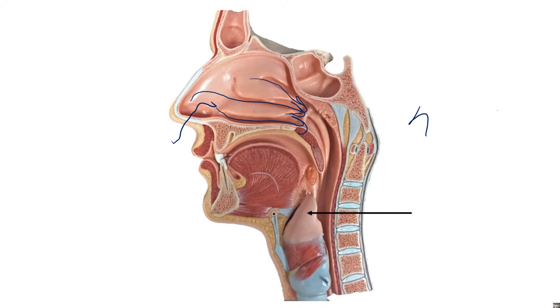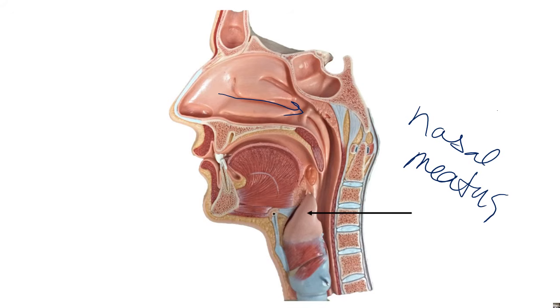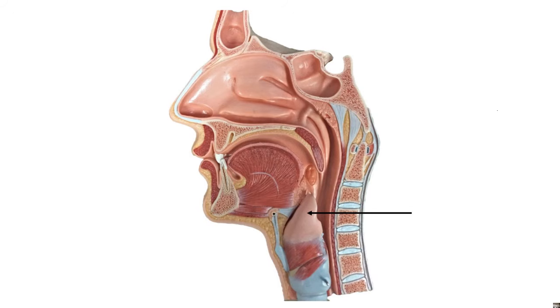Those are the meatuses. The actual bony shelf is the concha. The passageway is the nasal meatus. Again, there's the superior nasal meatus, middle nasal meatus, and inferior nasal meatus. It'll be clear on the exam. I'll make it clear whether I'm talking about this bony shelf or this passageway.